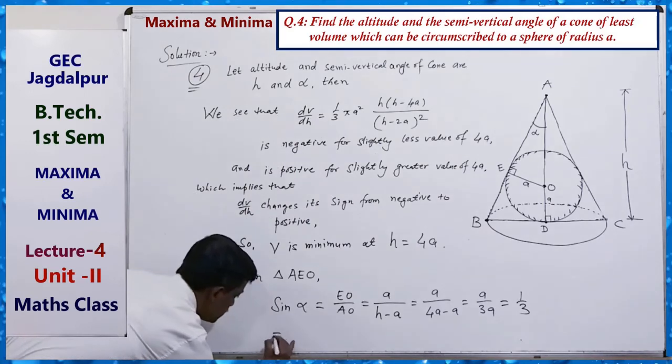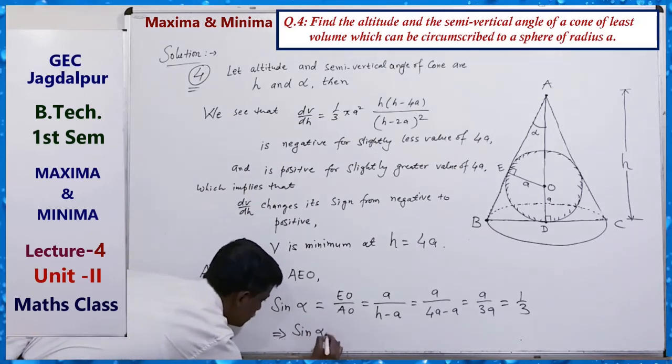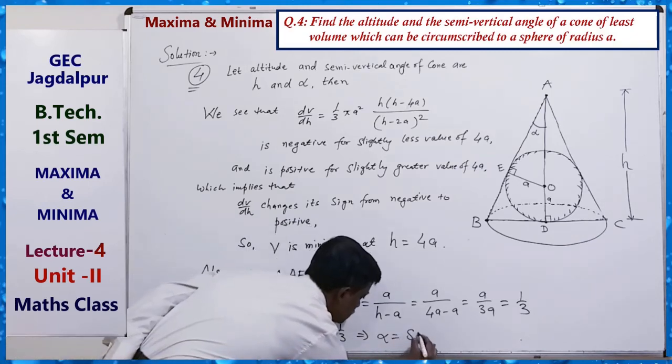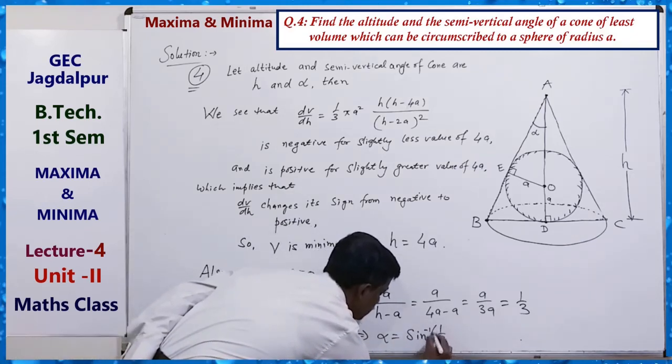So sin alpha equals 1 by 3. So alpha equals sin inverse 1 by 3.